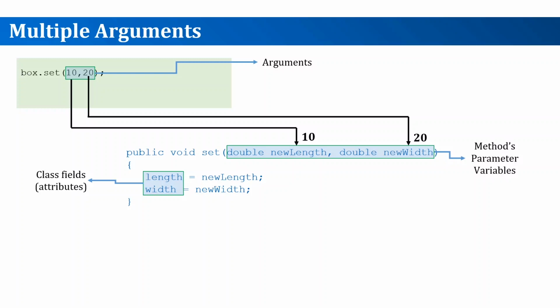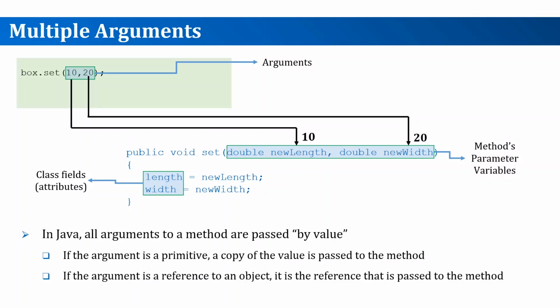That's why documentation of code is very important. As a person who wants to use the method set, I need to be told how it's represented. If I pass 10 and 20, what does that mean for the method? Which one is assigned to the length and which one is assigned to the width? Notice that the values 10 and 20 are copied to the method's parameters because the arguments in Java methods are passed by value.